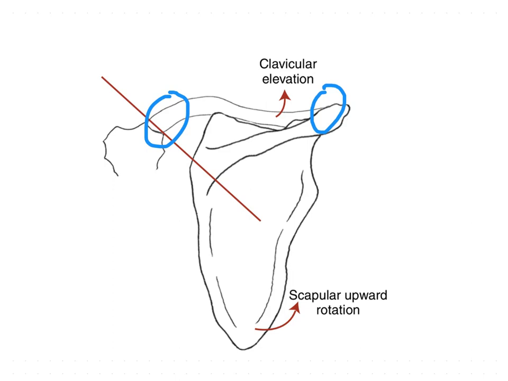As we know, scapulohumeral rhythm involves the combined action of the sternoclavicular and acromioclavicular joints as well as the scapulothoracic joint and the glenohumeral joint.